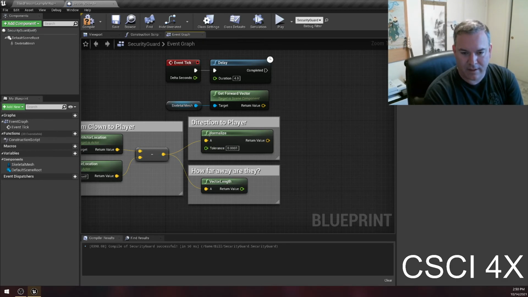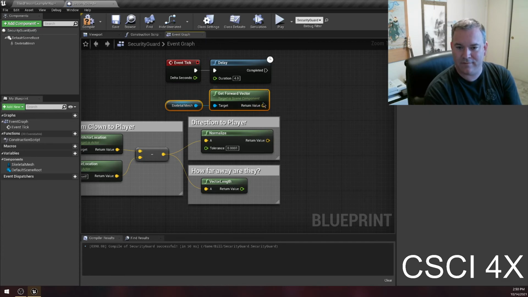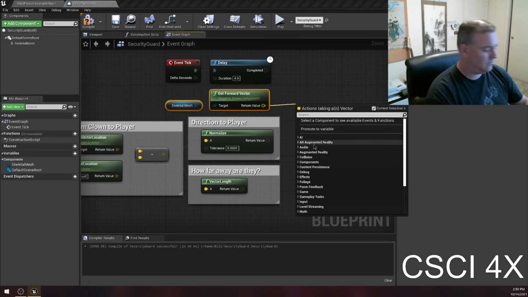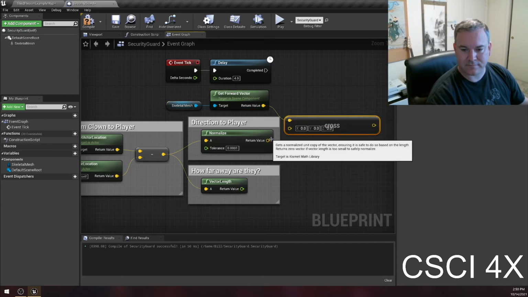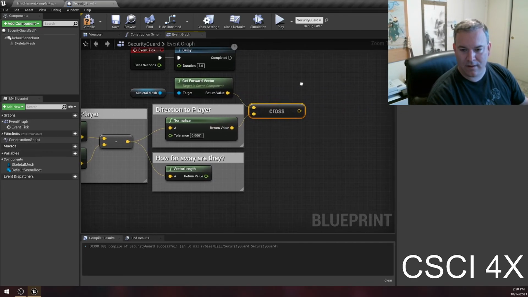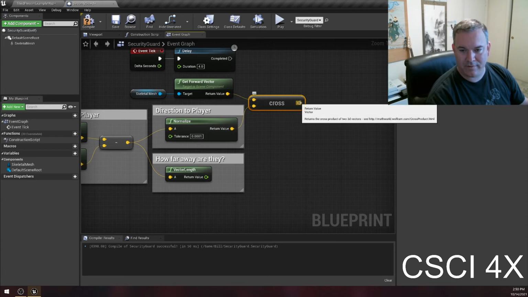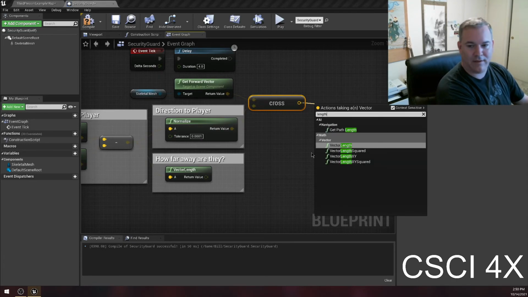Okay, so we've got the direction of the player, we've got the direction we're looking. And what we want is the cross product. So we're going to do the cross product. And this returns a vector. But what we want is the scalar cross product, so we get the vector length of this.